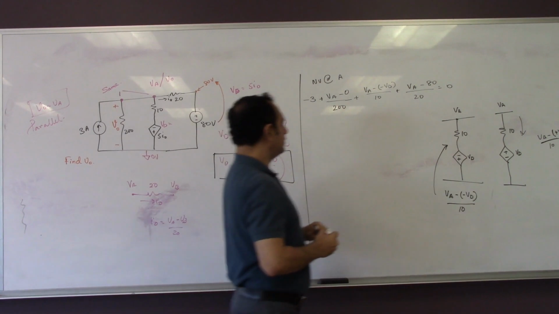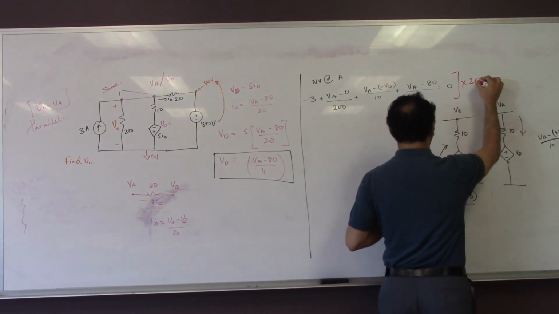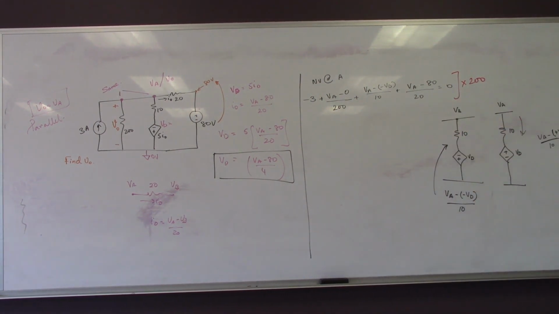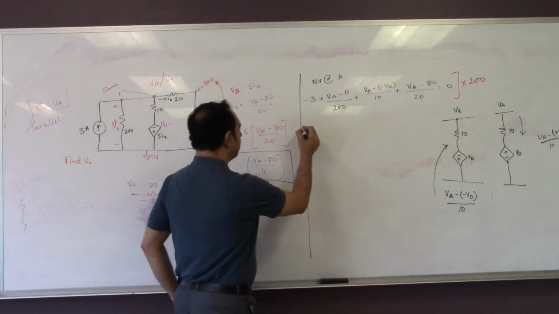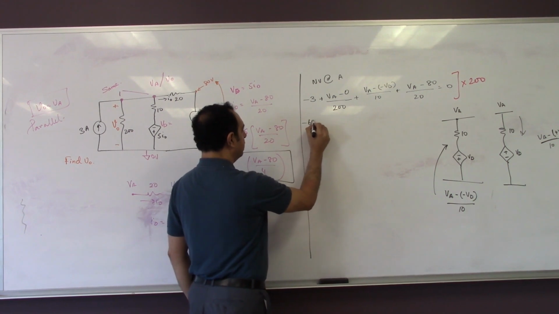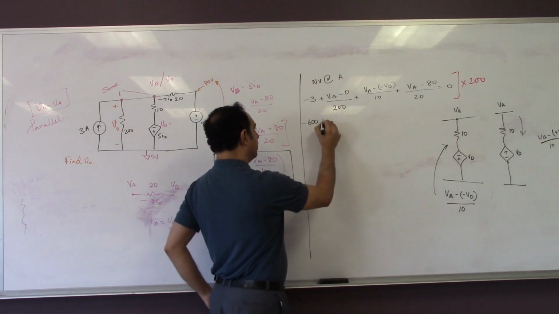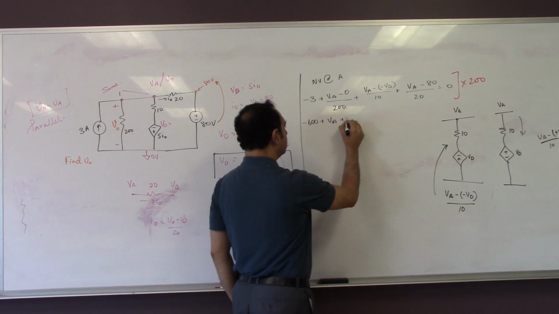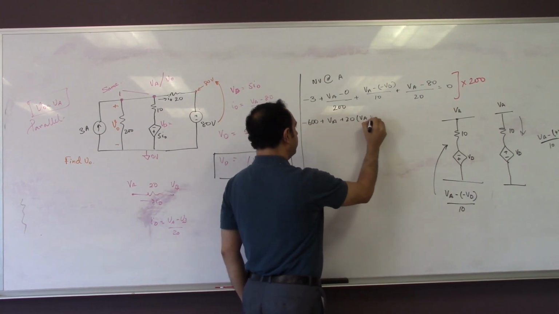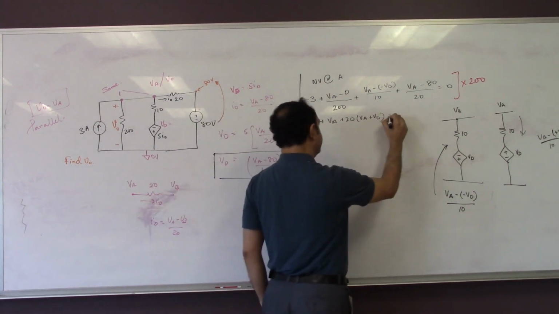Okay, so let's multiply this whole thing by 200. That will give me negative 600, and we cancel 200 and 200, so that will be VA, 20 times (VA plus VD), and then plus VA minus 80.